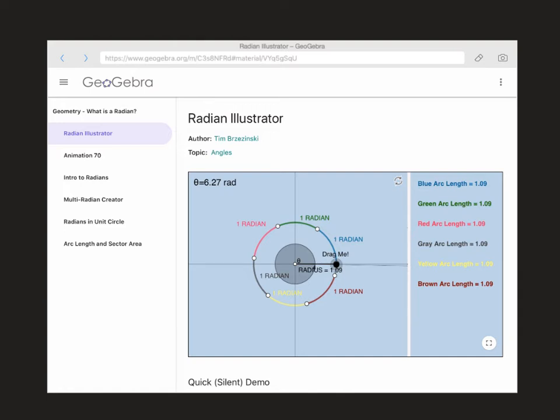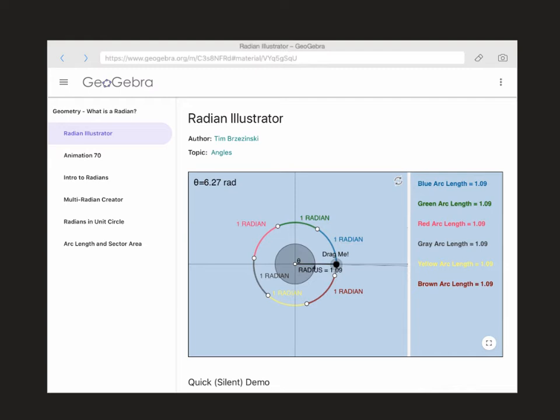And so for this circle here, you know the formula for the circumference is 2 pi r. And so our circumference for this circle is 2 pi, our radius is 1. And so our circumference is 2 pi.